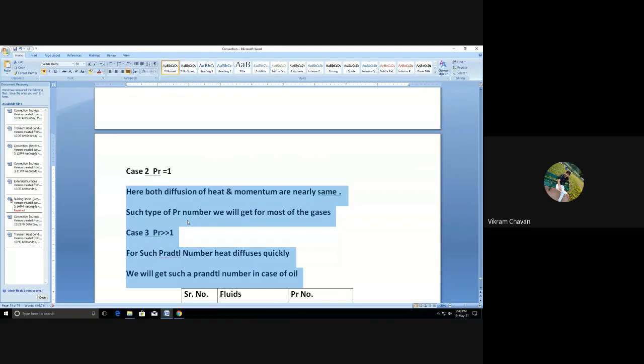Such a Prandtl number we will get for most of the gases.